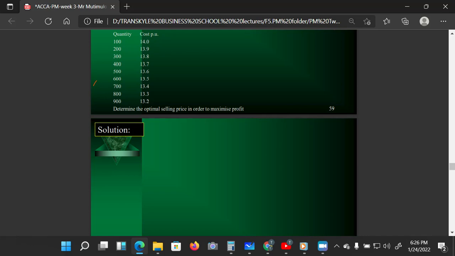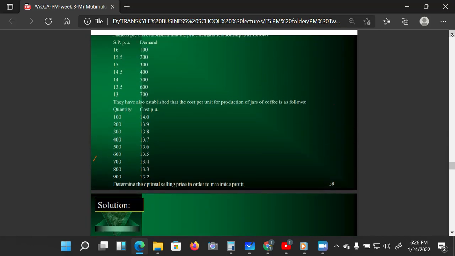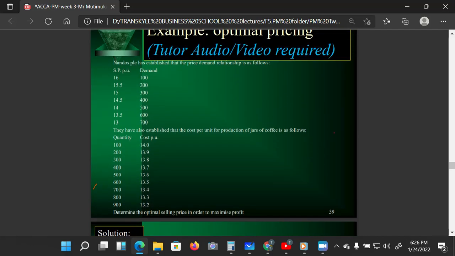Okay, you just have to take this data from the Nando's POC example. Nando's POC has established that the price demand relationship is as follows. So those are the figures from the Nando's, and they've also established that the cost per unit for the production of jars of coffee is as follows.